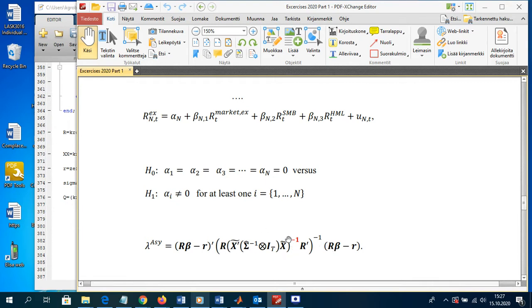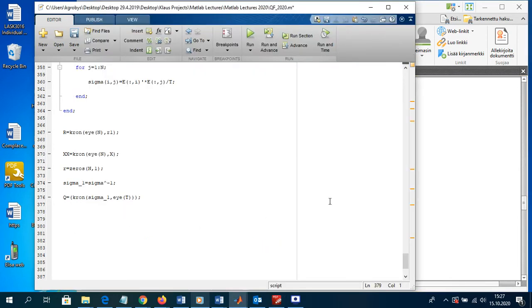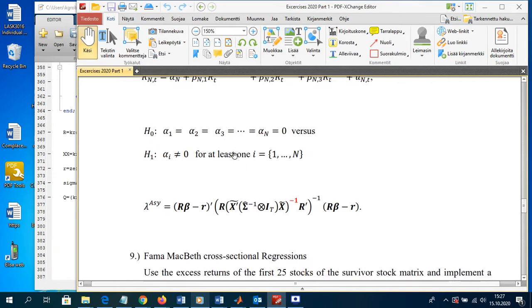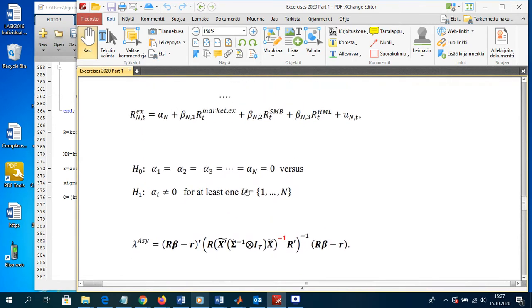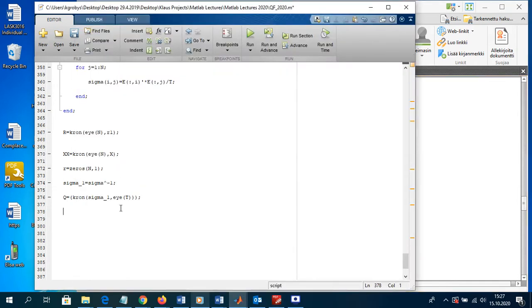It gets us the corresponding covariances of these parameters that are to be estimated. This is always the case when you have a joint test of parameters. There are always some covariances that we have to take into account when setting up the test statistic. And this is a Wald test. We also discussed in the lectures, you might remember, the so-called LM test, which is slightly different, but the outcome should be the same.